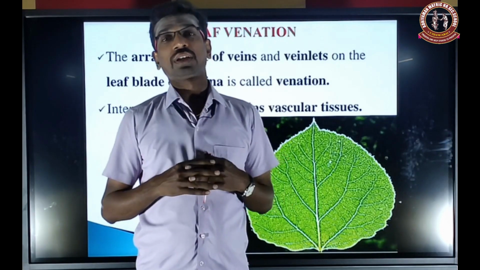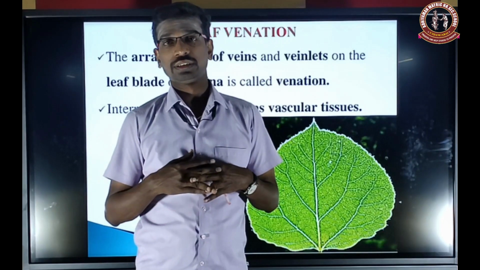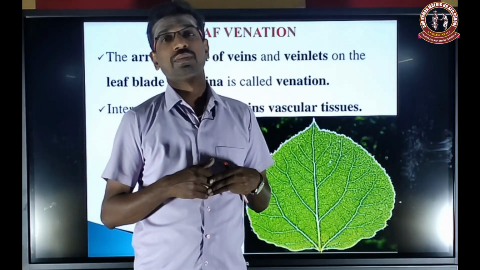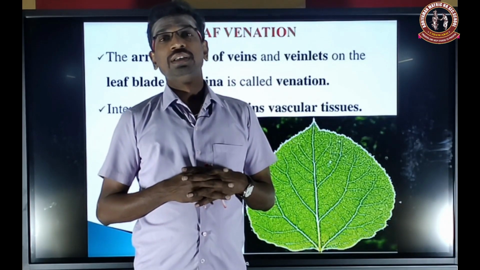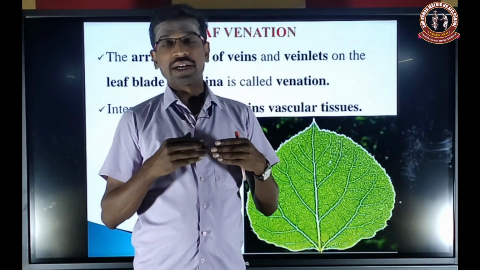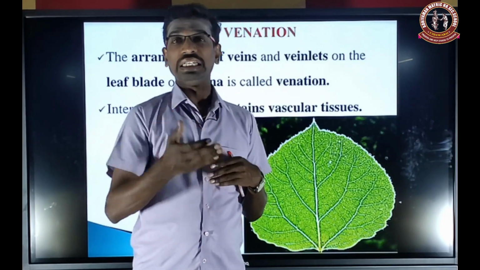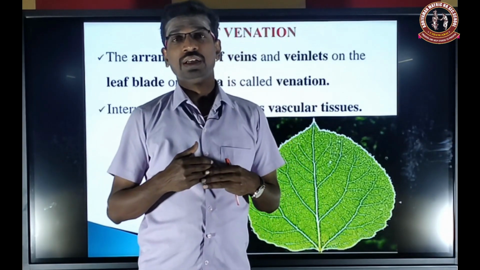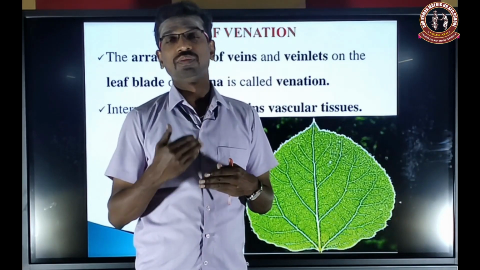Through the vascular tissues, the food material is transported from the leaf to various parts through the phloem, and the water is transported from the root to the leaf through the xylem, because the leaf's primary function is photosynthesis.